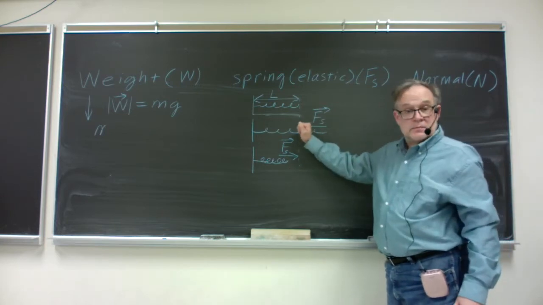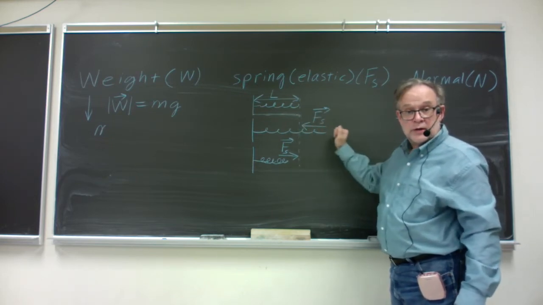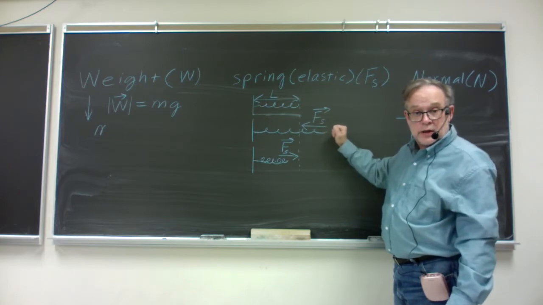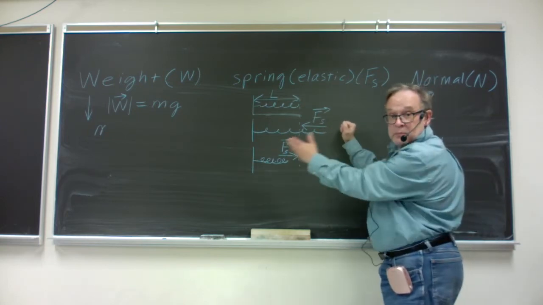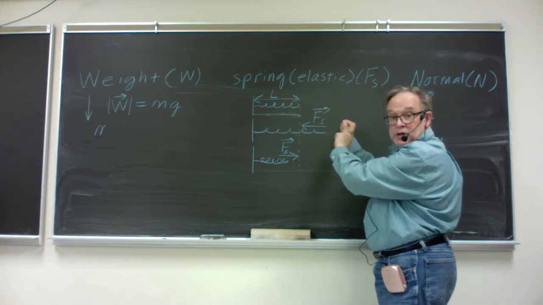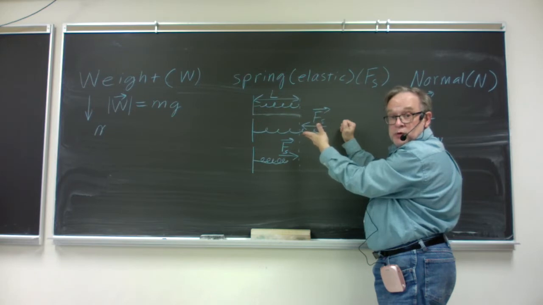So in this case, distorting it by stretching it, it's going to try to snap back to its original shorter length. But as long as you're holding onto the right end of the spring here, it can't snap back. It's trying to snap back, but it can't. And in trying to snap back, it's pulling on your hand. And that pull is the elastic force or spring force.